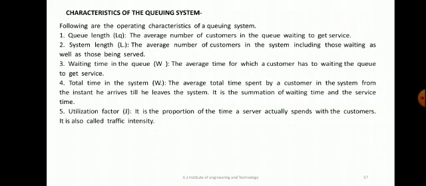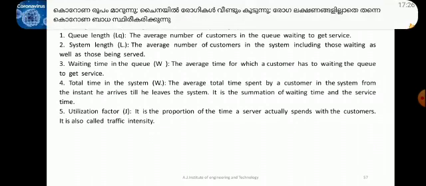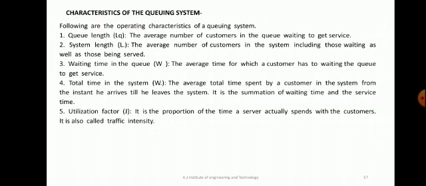Total time in the system, W, the average total time spent by the customer in the system from the instant he arrives till he leaves the system. It is the summation of waiting time and the service time. Utilization factor. It is the proportion of the time a server actually spends with the customers. It is also called traffic intensity.